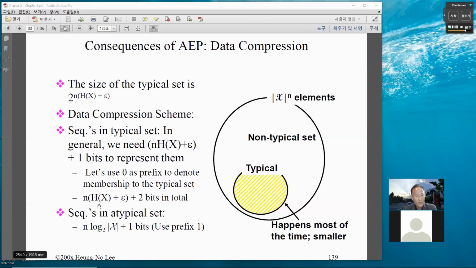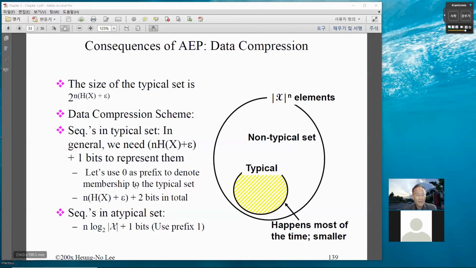So that is the case where each symbol occurs equally likely, right? But this typical set is small, yet probability-wise it is close to 1. Whenever you have an experiment, there is an outcome, and that outcome belongs to the typical set. So with probability very close to 1, you will have this case.